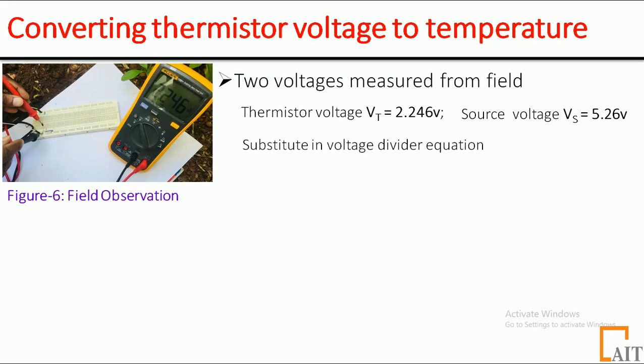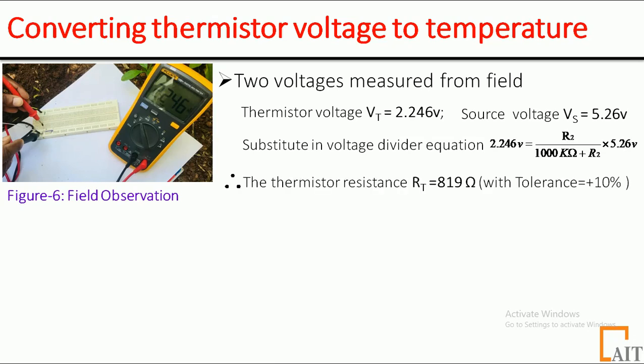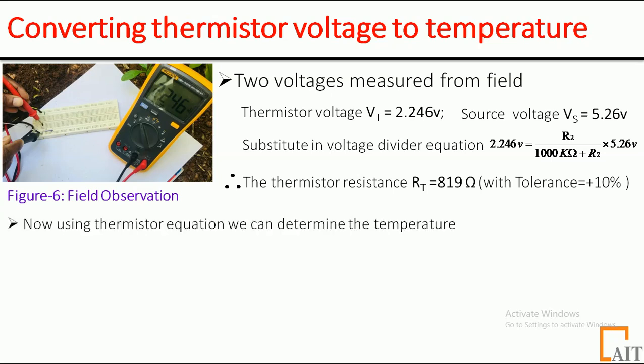Now let's substitute these two voltages into our voltage divider equation, and we get our thermistor resistance to be 819 ohms. We obtained this by using a tolerance of plus 10%, which was mentioned in the manufacturer data sheet. Now let's measure the environmental temperature by substituting this resistance value into our thermistor equation.